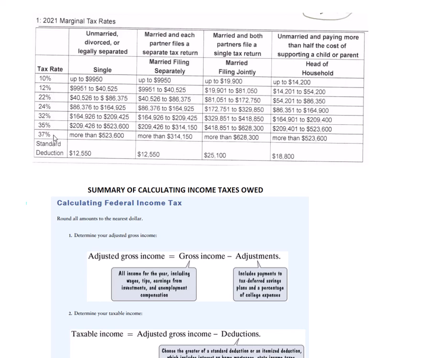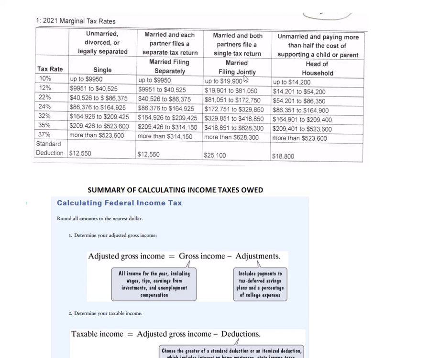You will pay the appropriate percent for each part of your income. And here's your standard deduction. If you're married and your partner files a separate return, it is not different until you get to here. And the standard deduction is the same.